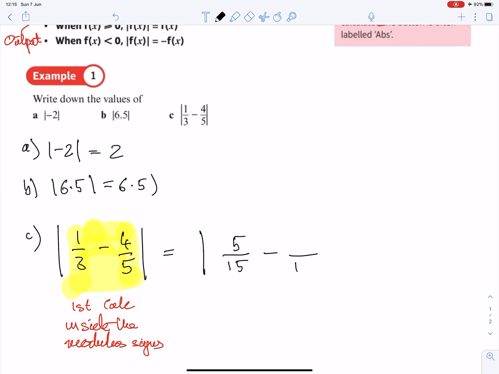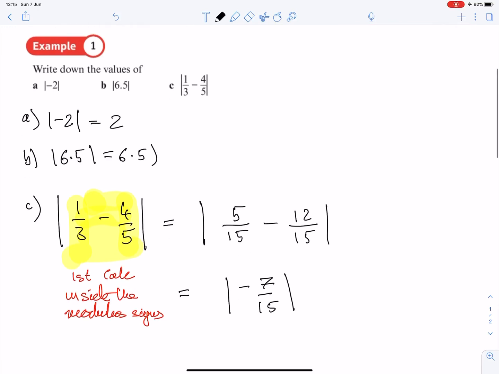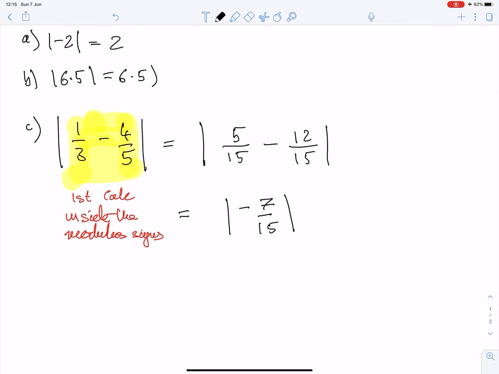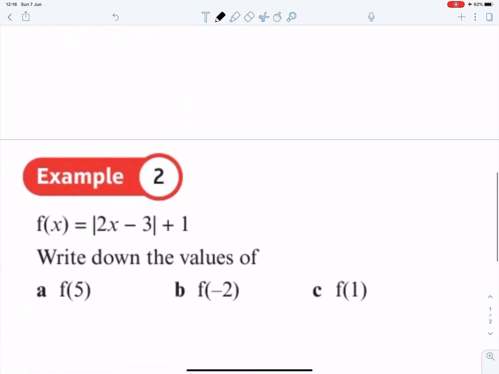Well, we want a common denominator, so that's been multiplied by 3. So negative 4 times 3 is negative 12. 5/15 minus 12/15 gives negative 7/15. And now we take the magnitude or the modulus, the positive value of this, the size, which is 7/15. I hope that's clear.